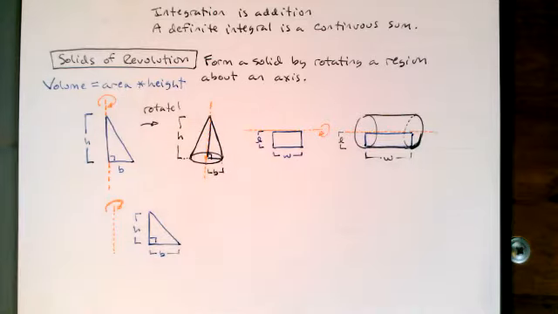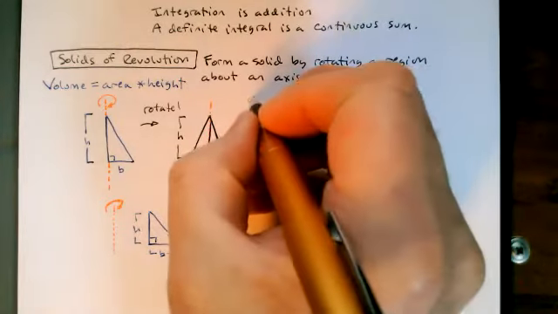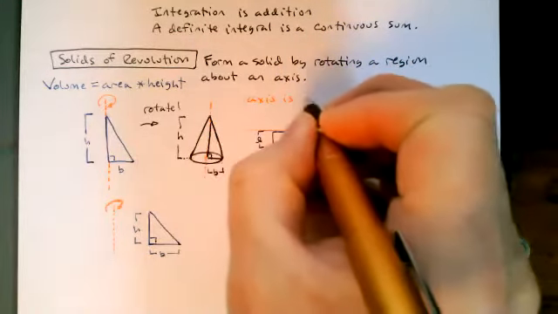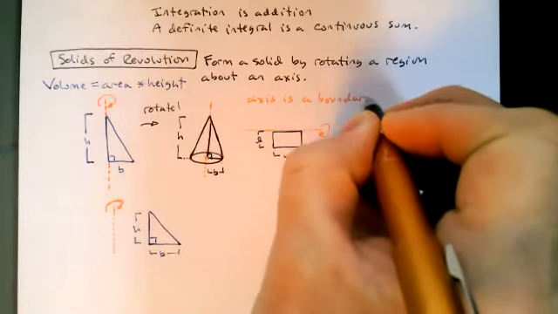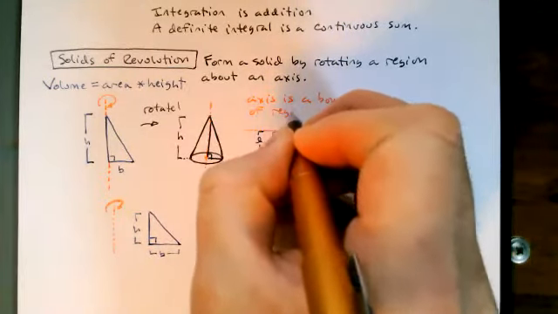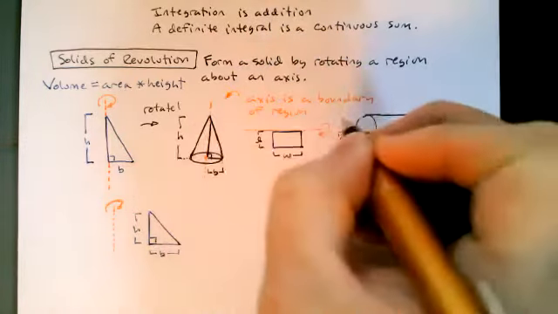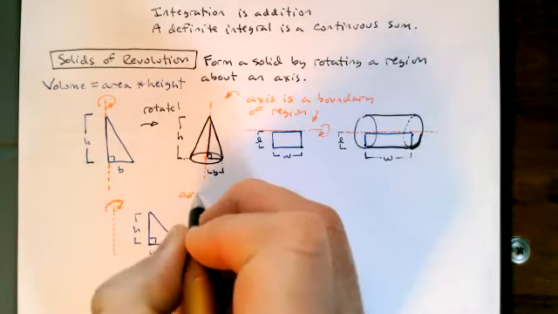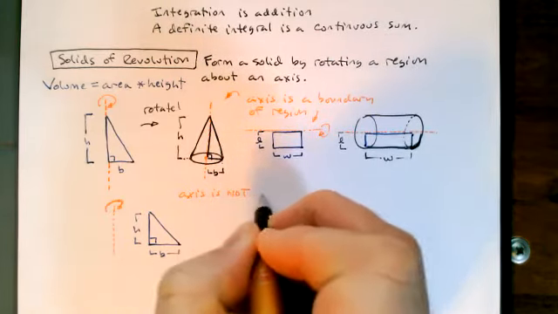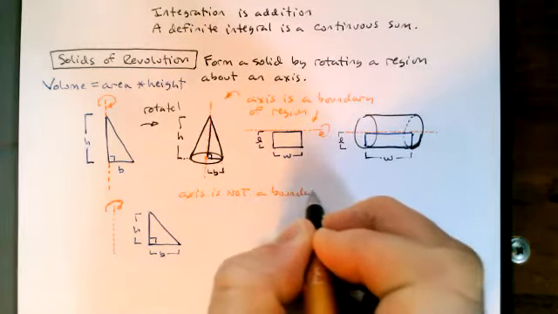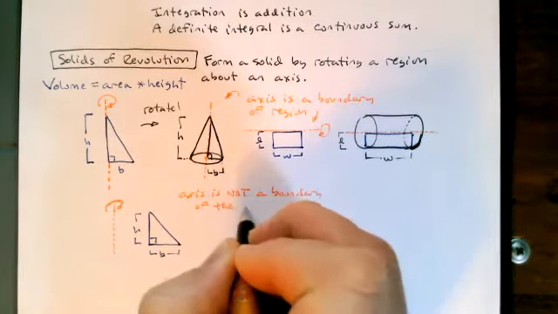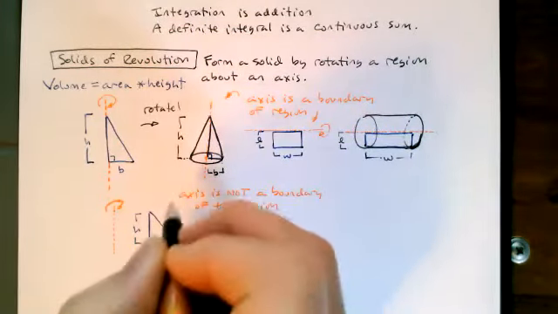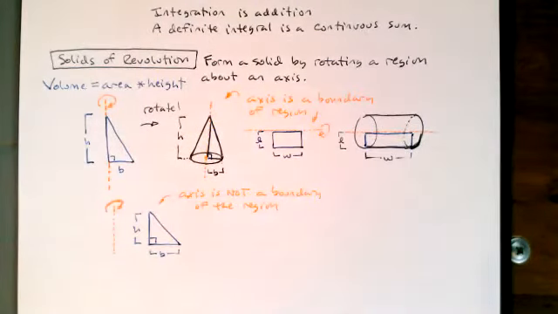So in the first two examples, we had an axis that is a boundary of the region, and in this case, the axis is not a boundary of the region. So that's how we're going to classify things.